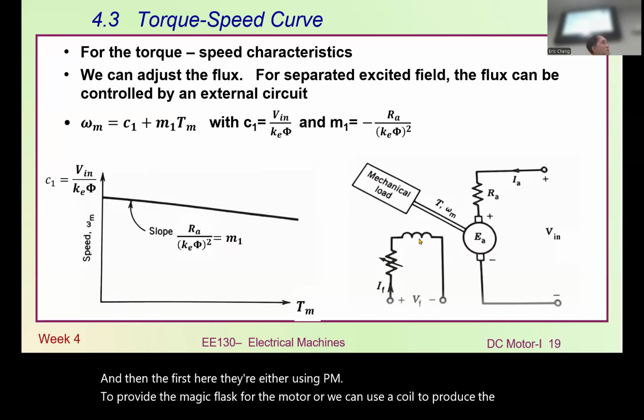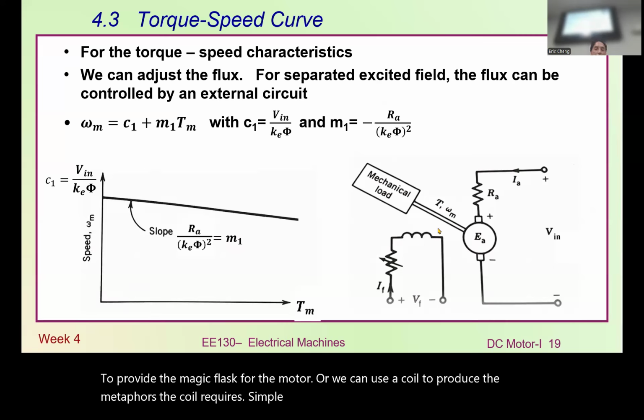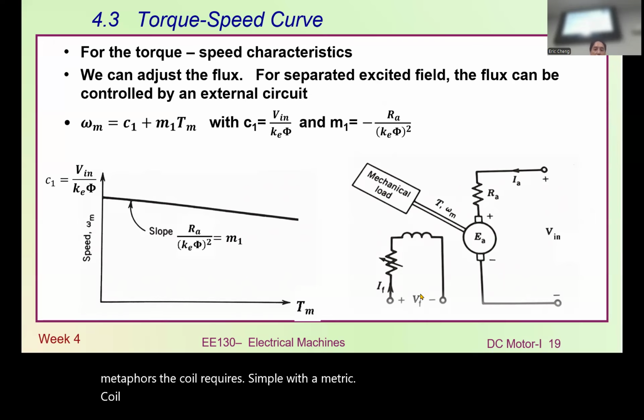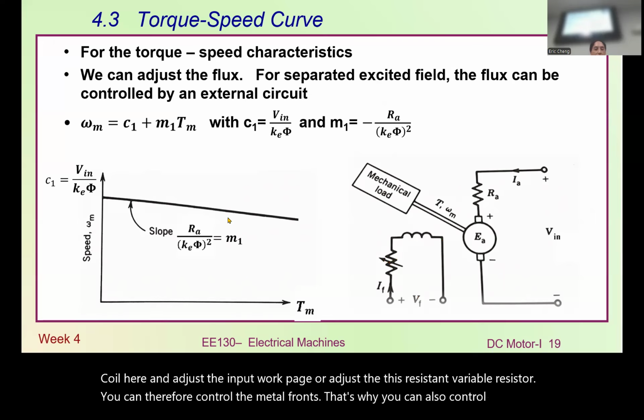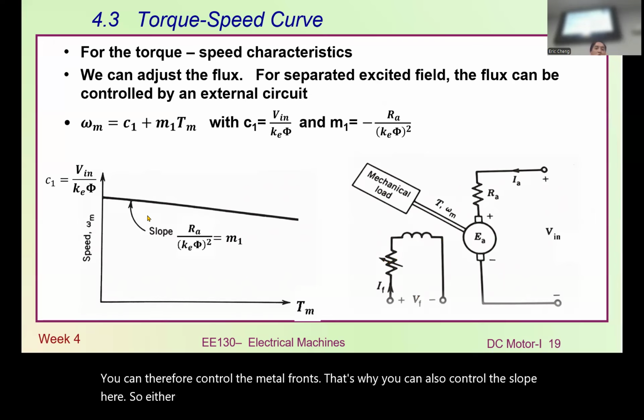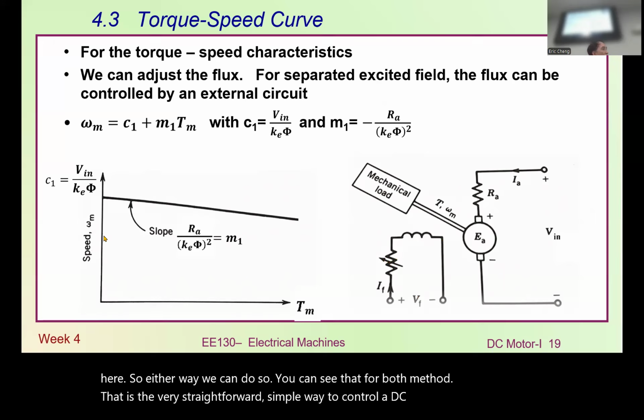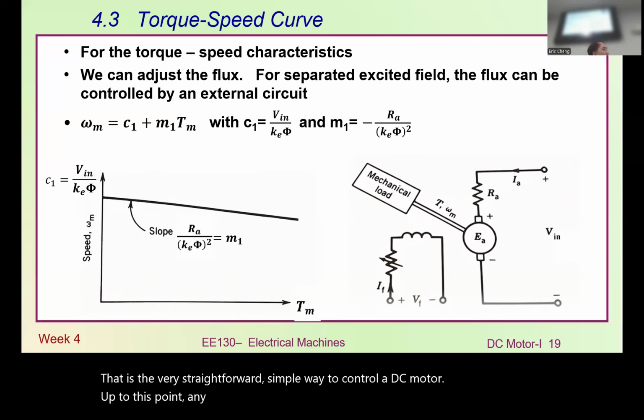The coil is quite simple, with a magnetic coil here, and you adjust the input voltage or adjust this variable resistance. You can therefore control the magnetic flux. That's why you can also control the slope here. So either way we can do it. For both methods, this is a very straightforward, simple way to control a DC motor. Up to this point, any questions?